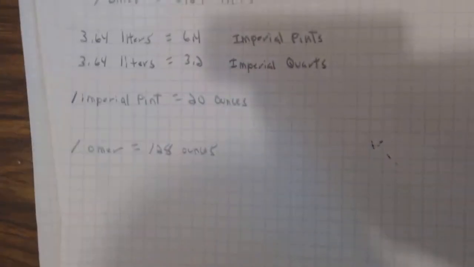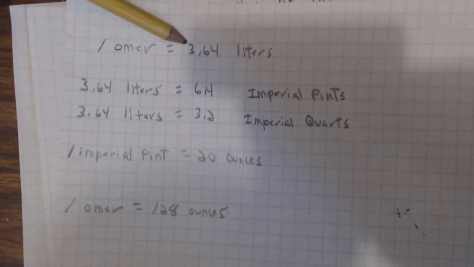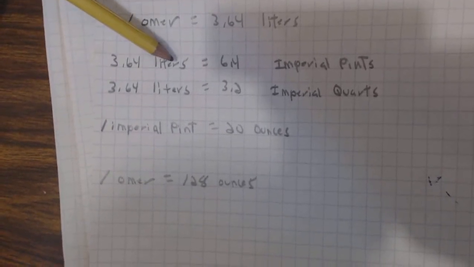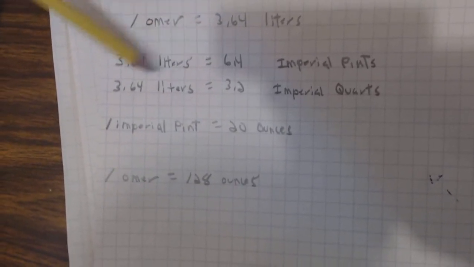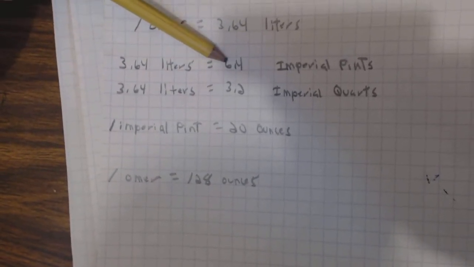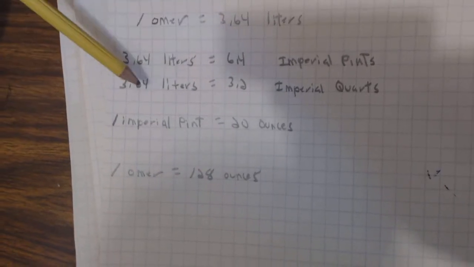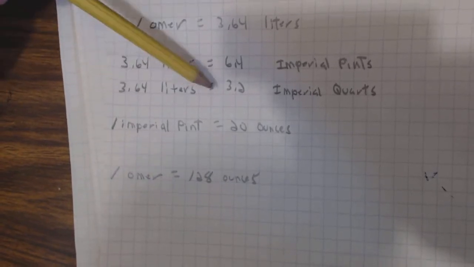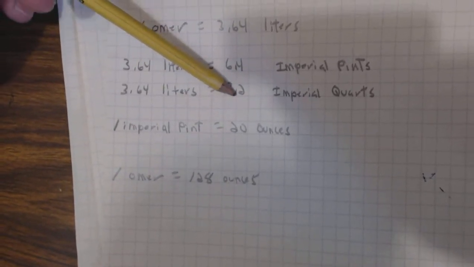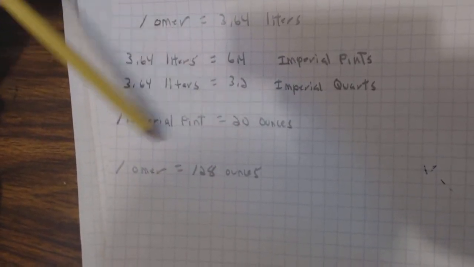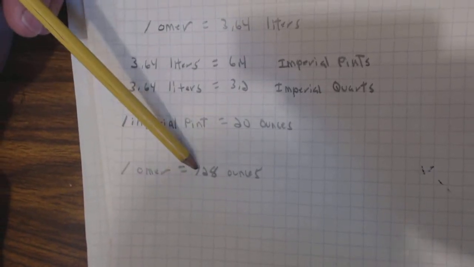All right, so essentially 1 Omer is equal to 3.64 liters, or 1 Omer is equal to 6.4 imperial pints. 1 Omer, which is equal to 3.64 liters, is equal to 3.2 imperial quarts. 1 imperial pint is 20 ounces, so 1 Omer equals 128 ounces.